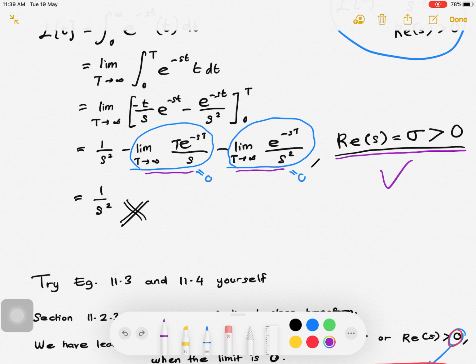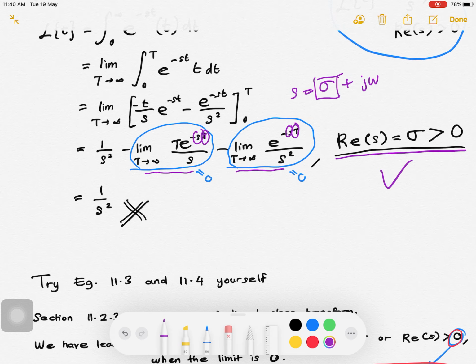Therefore, this t should have a negative value. Therefore, this s, which is equal to epsilon plus j omega in complex form, and we use the real part only.